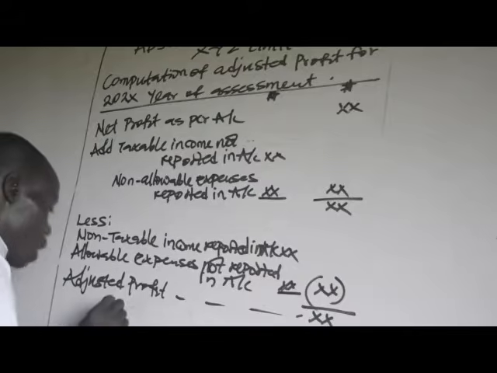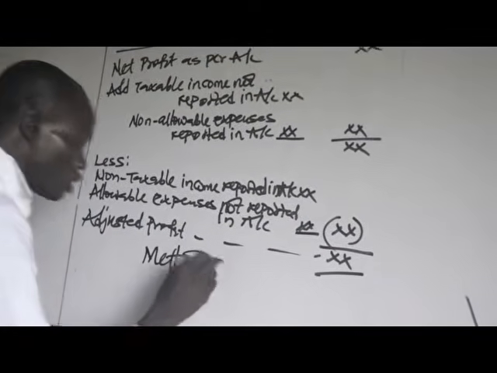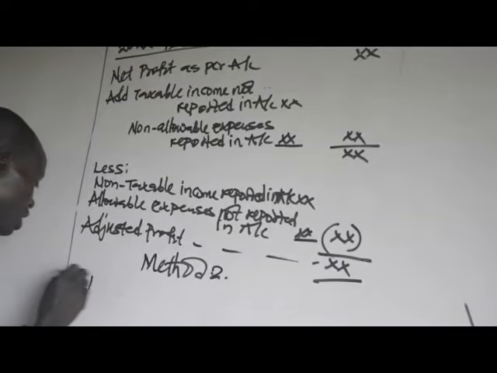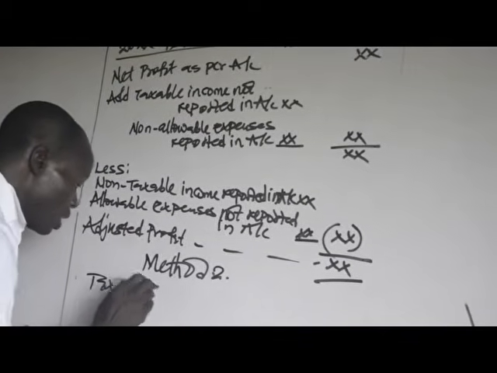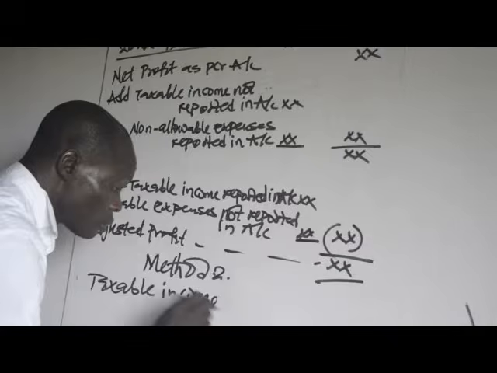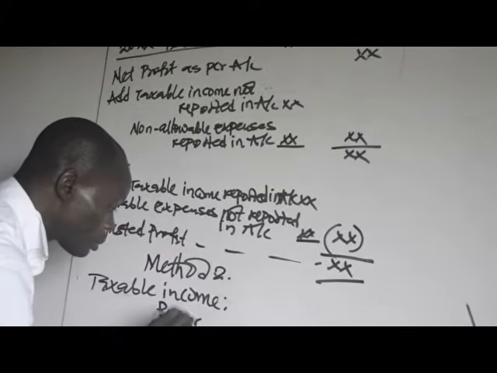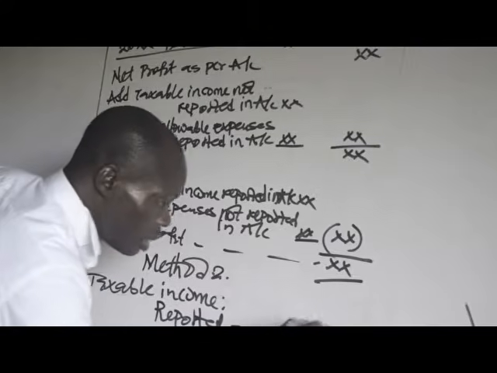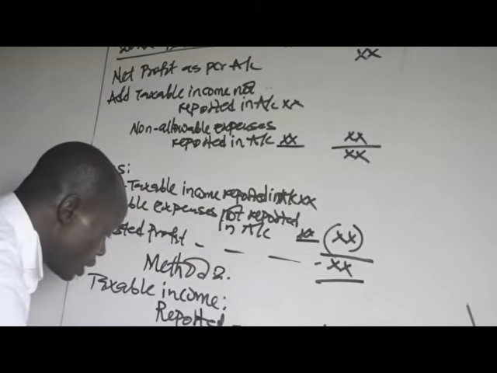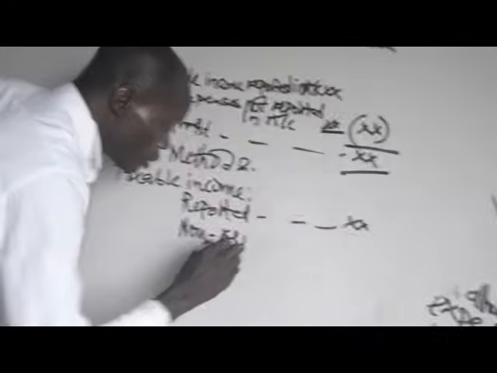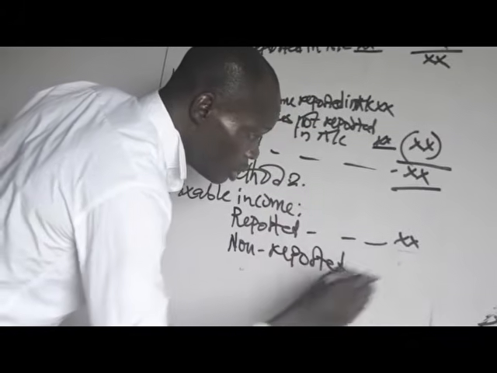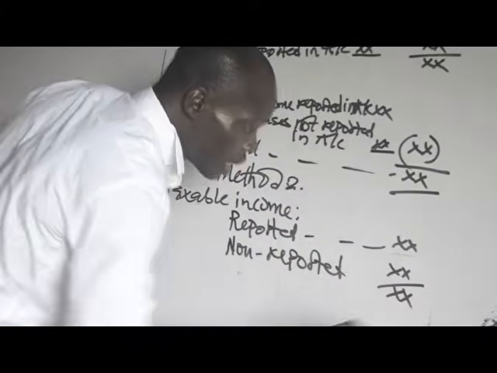Then method 2. In method 2, you start with taxable income, the one reported in account and the one not reported. You aggregate that.